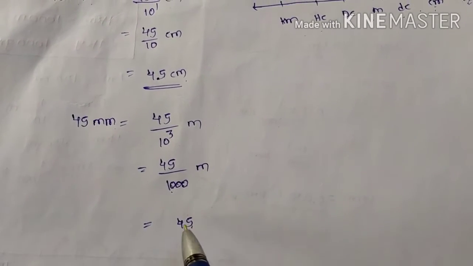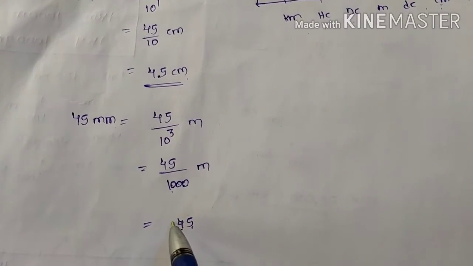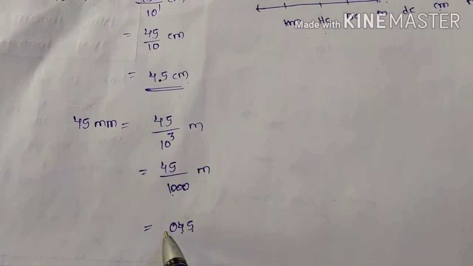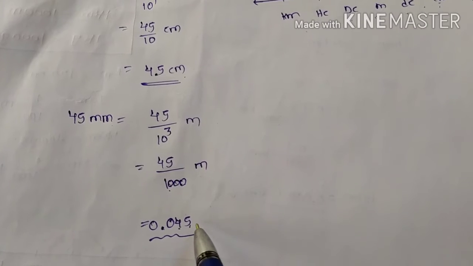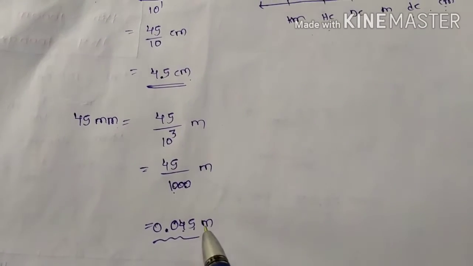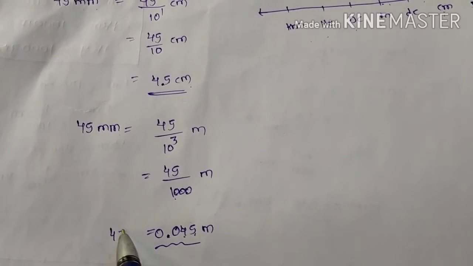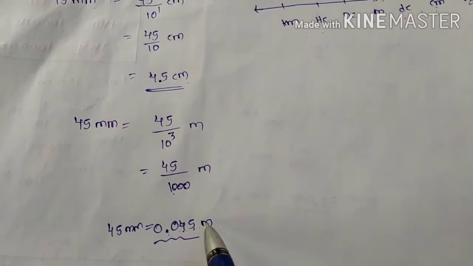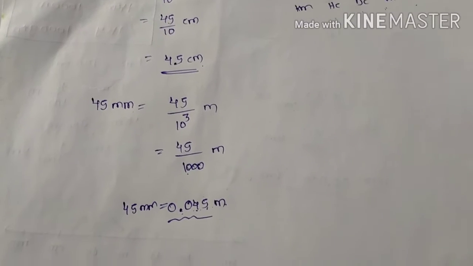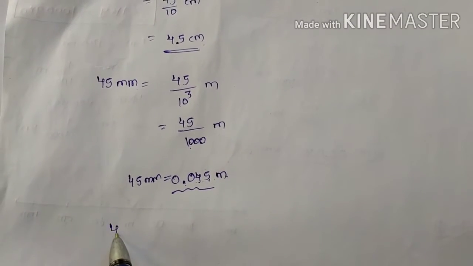This is the first digit, this is the second digit. You can keep your 0 as third digit. Now you can put decimal point. That means your answer is how much? 0.045 meters is your answer. 45 millimeters is equal to how much? 0.045 meters.